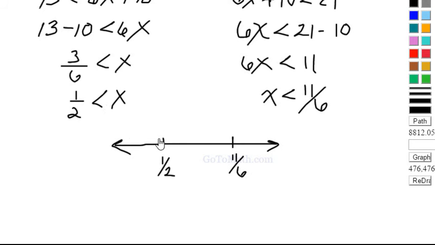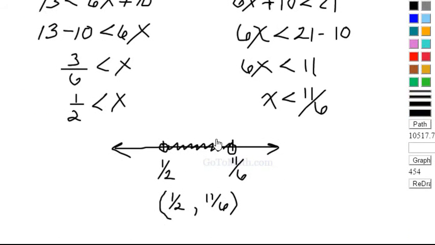It doesn't include the half, so we'll put a circle, and it doesn't include the 11/6, but it's everything in between. So in interval notation, we could write a half, comma, 11/6, like that.